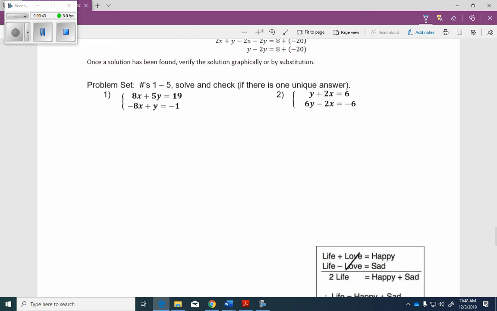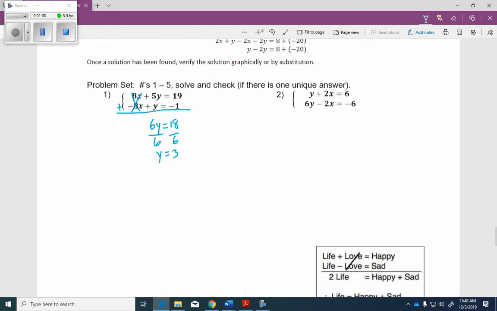So this is one of the easy questions where we're just going to put a plus sign and add, and the x's get eliminated because it makes 0x. And here we're left with 6y equals 18. And then, of course, we would divide both sides by 6 to get that y is 3.